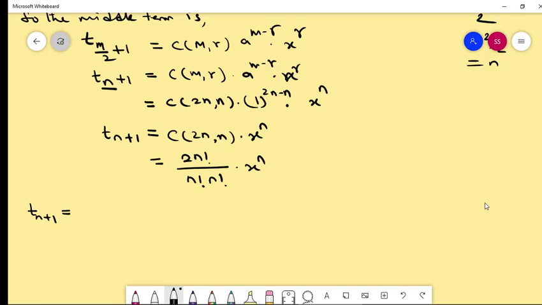Then the next step, dear students, is to make groups of even terms and odd terms.